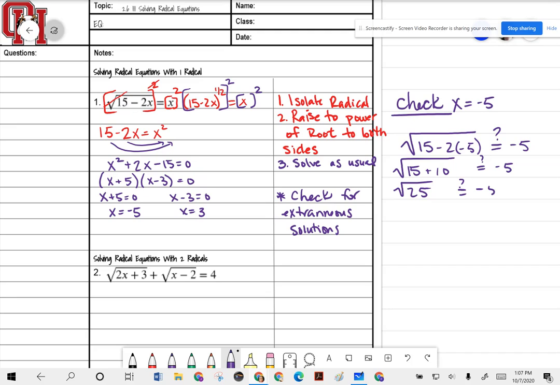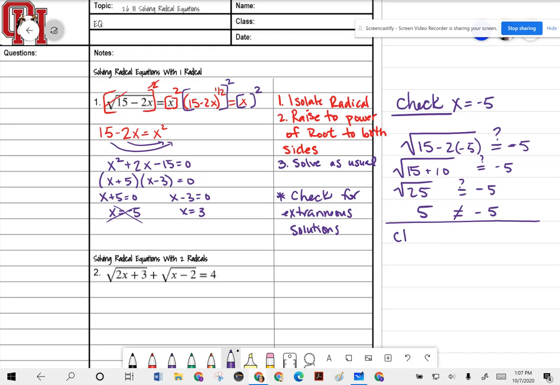Is that equal to negative 5? We got 5 equal to negative 5, and that is not the case. Think about it. Whatever is in that radical, there's no way if I take the square root of it that I'm going to end up with a negative. So pay attention to that, but definitely check. So we know that negative 5 is not going to be our answer.